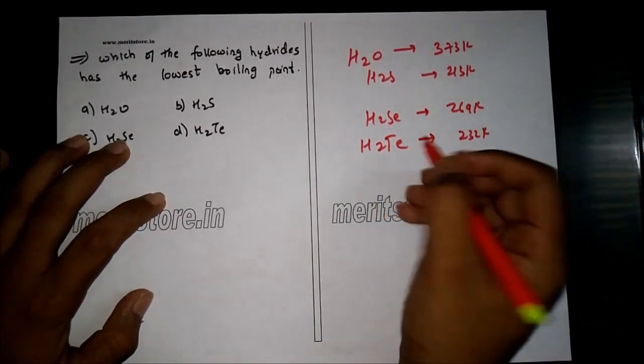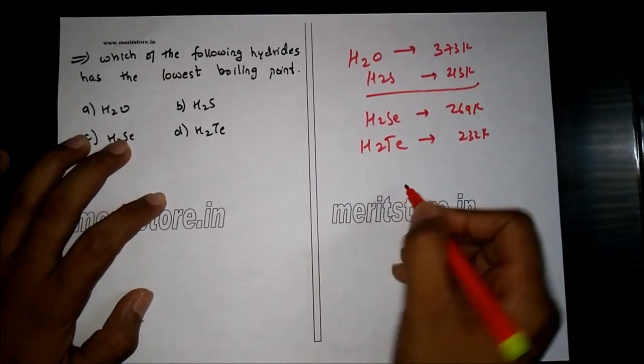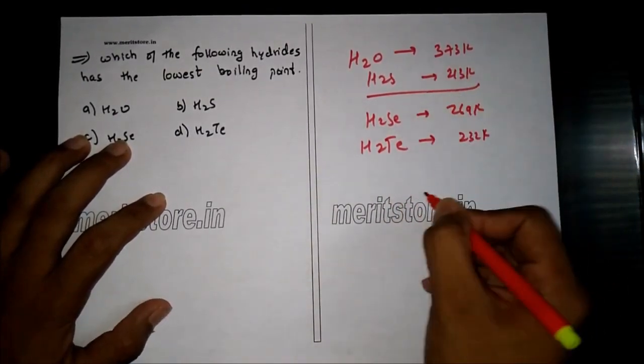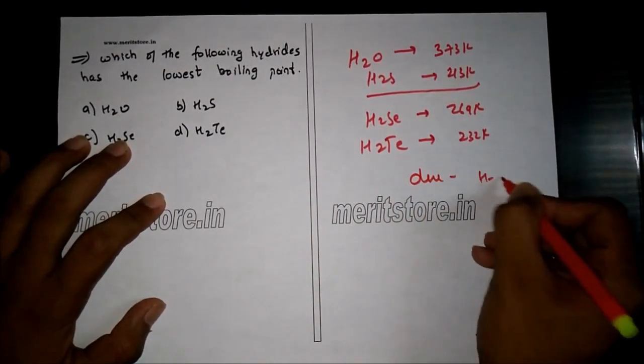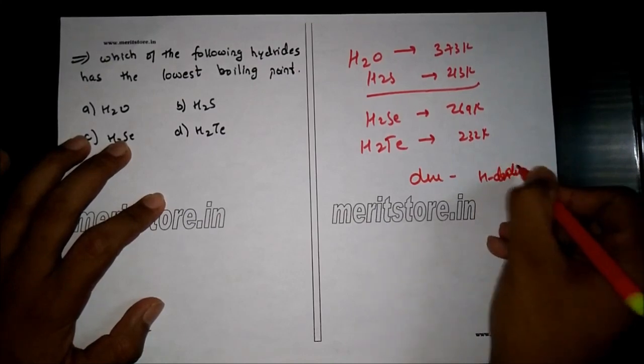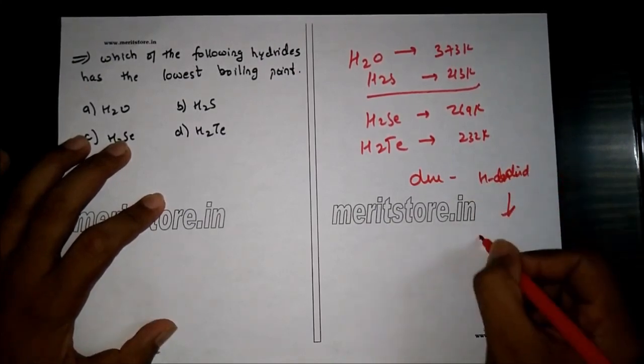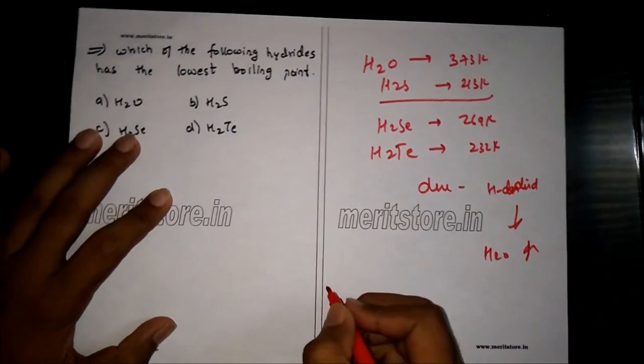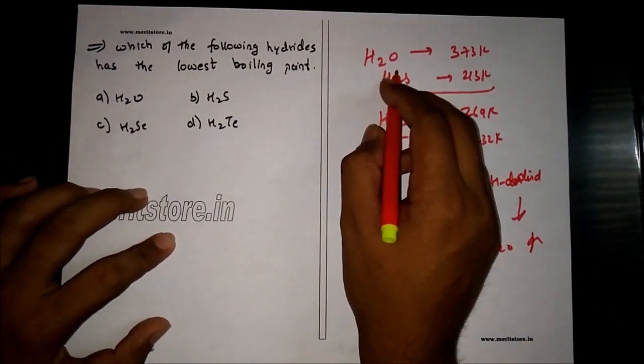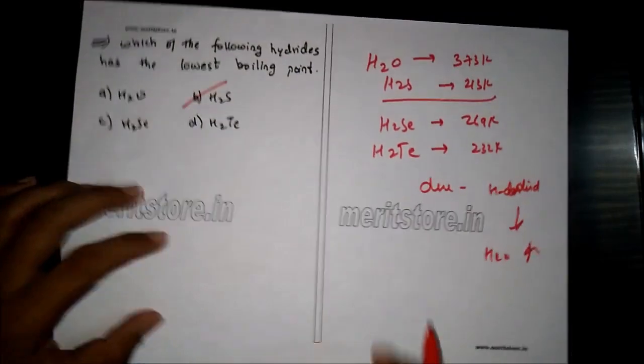Now H2S has the lowest boiling point and H2O has the highest boiling point because due to the H bonding, the boiling point of H2O is higher. Therefore, the lowest boiling point is of H2S. The correct answer is option B.